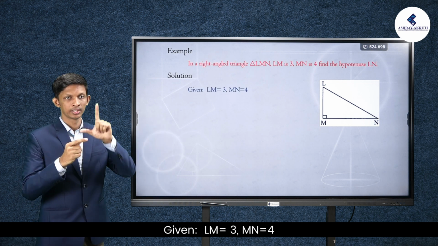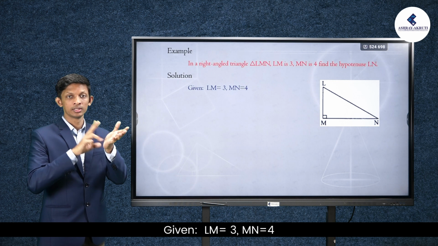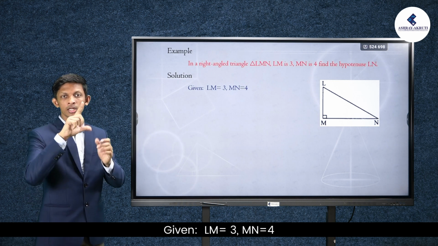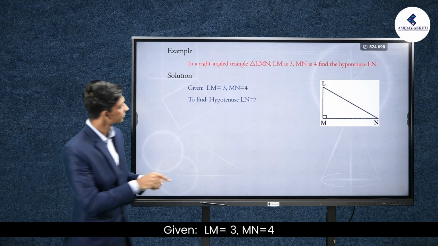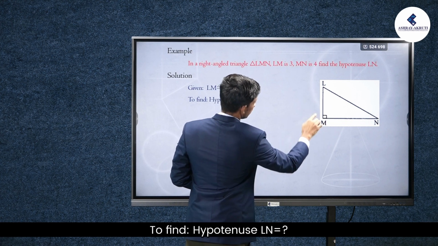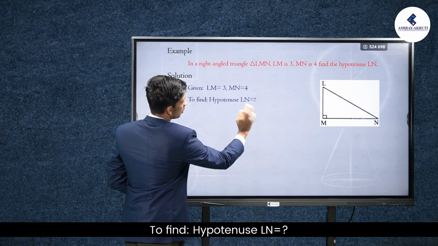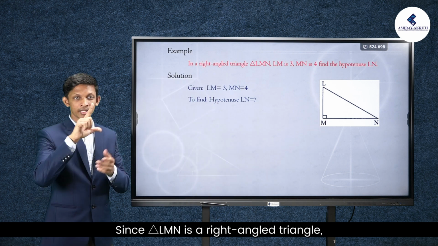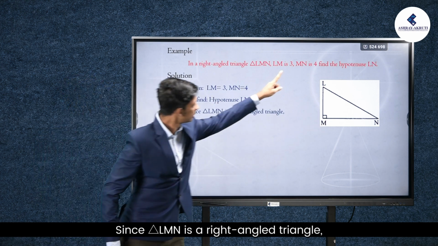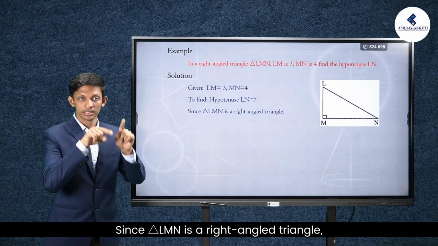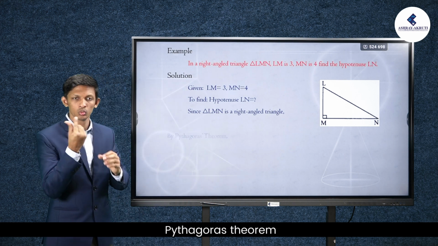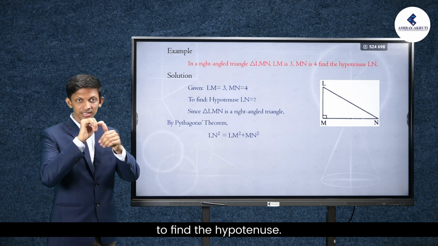Solution. Given LM is equal to 3, MN is equal to 4. Find hypotenuse LN. Since triangle LMN is a right angle triangle, we use Pythagoras theorem to find the hypotenuse.